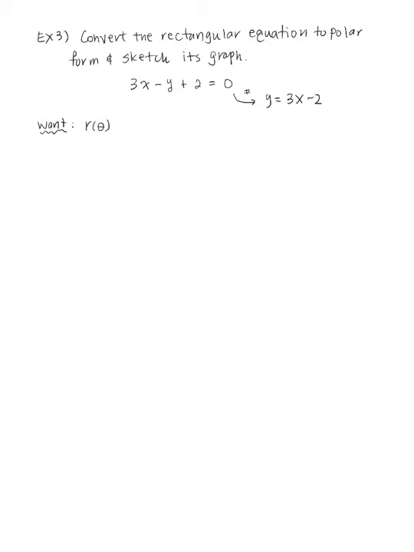Well, we already know that x is r cosine of theta, and y is r sine of theta. So we're going to use these two conversion formulas to replace x and y. Then what we're going to get is 3 times r cosine of theta minus r sine of theta, plus 2 equals 0.